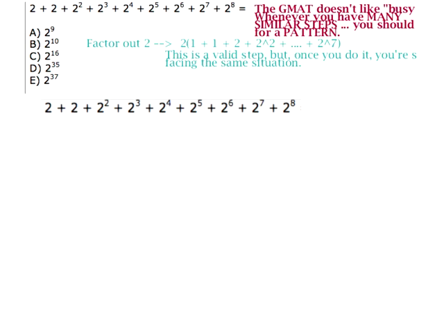Like here, if you look at just this 2 plus 2 here, then that's going to be 2 times 2, which is 2 squared. So then let me move this down here. Okay. So now what we're dealing with is that, right?